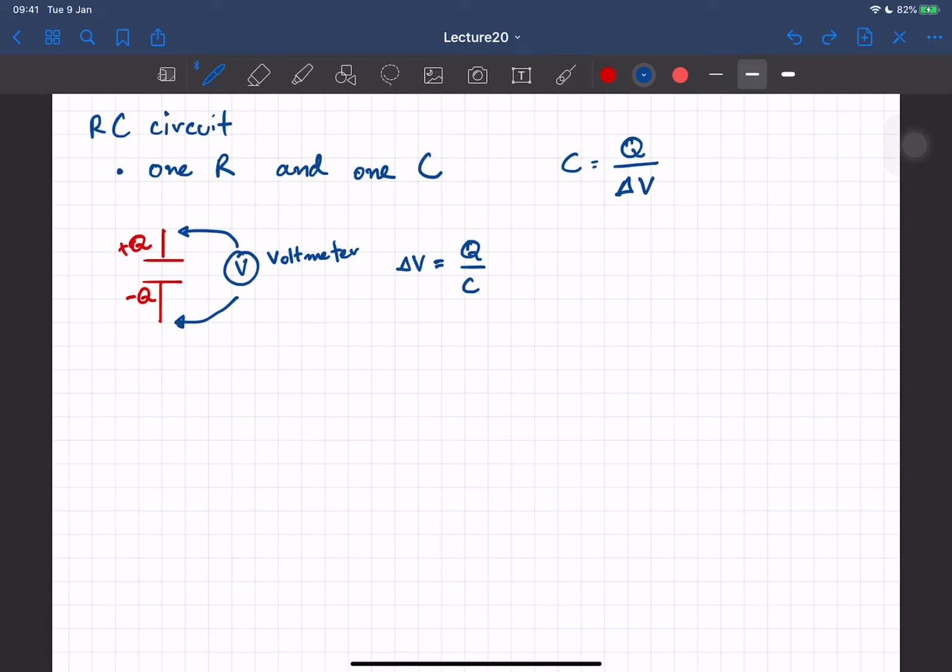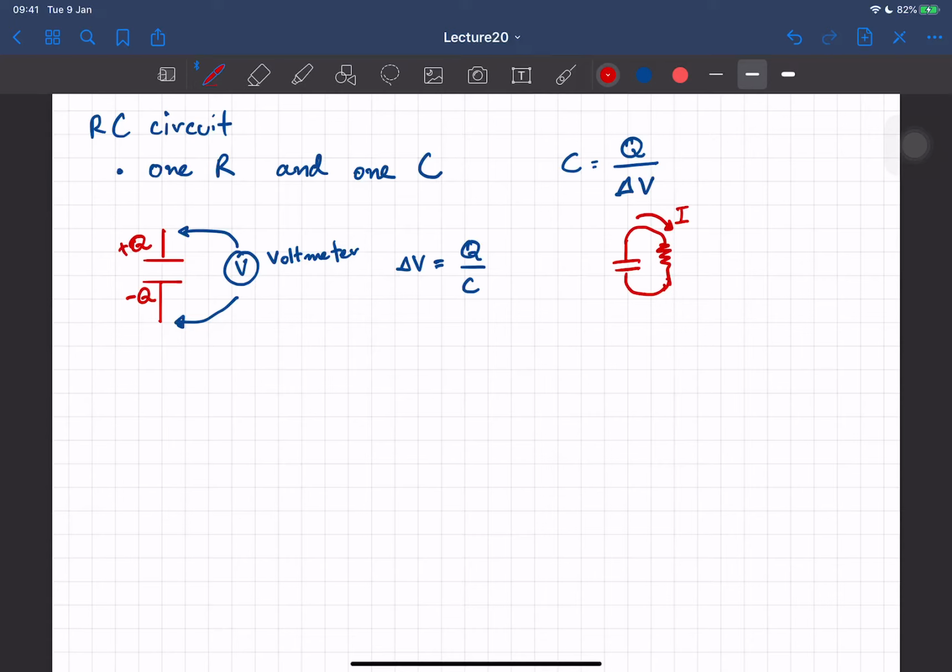And a capacitor in this sense acts like a battery, meaning that if you connect this capacitor to a resistor to complete a circuit, then there will be a current flowing like this. But the difference is that when you have the current flow, I here, what is the current?